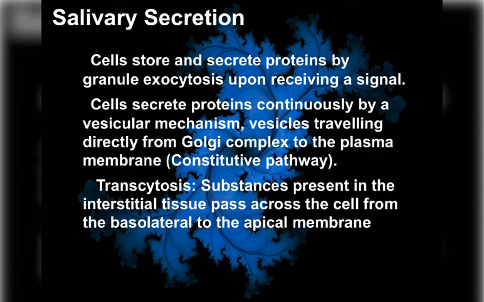This is called the constitutive pathway. Also, transcytosis, where substance present in the interstitial tissue pass across the cell from the basolateral to the apical membrane. The basolateral is away from the lumen, and the apical is the side of the cell that's close to the lumen.